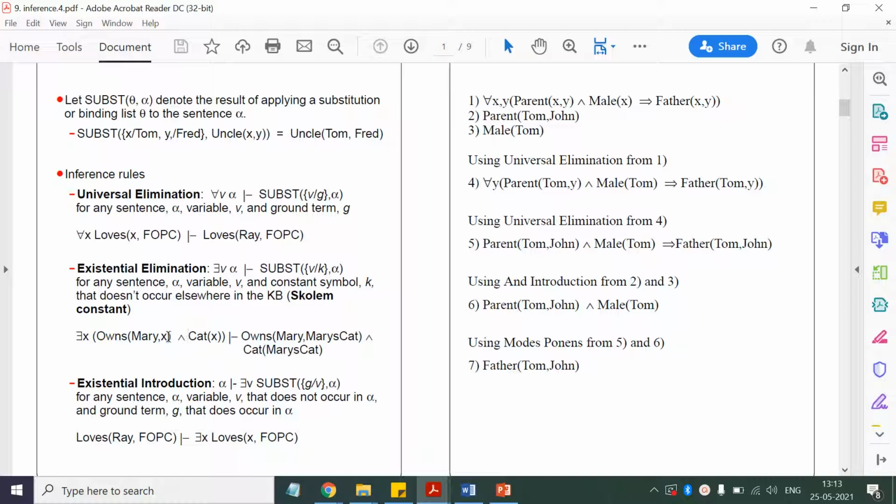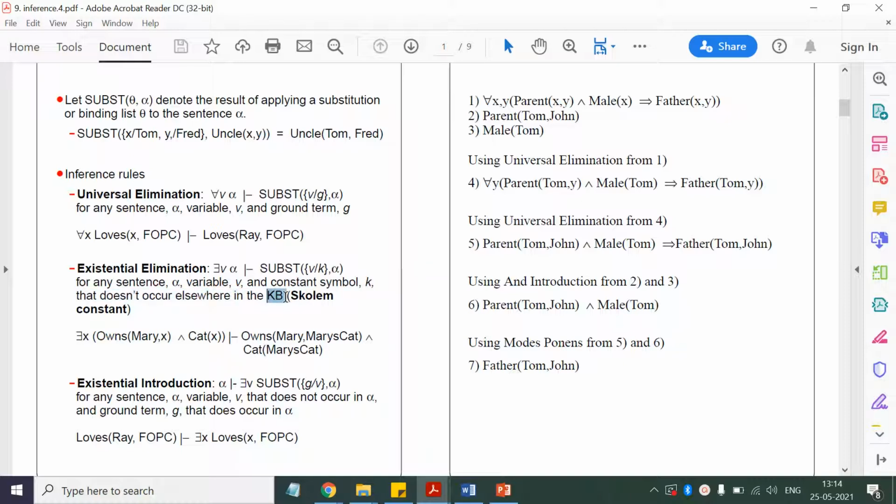So what we do is put some predefined constant, and that is known as a Skolem constant, and this process is known as Skolemization. We replace that variable with a Skolem constant that doesn't occur elsewhere in the KB.